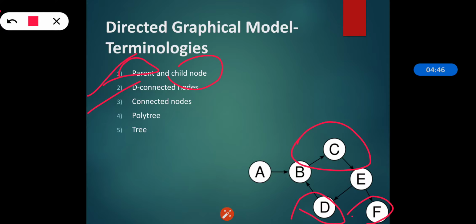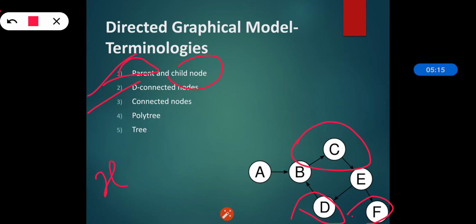It means whenever we have nodes that are connected to each other by a sequence, we can say that they are d-connected nodes. X and Y are d-connected if there is an unblocked path between them. When two nodes are connected to each other and share an unblocked path between them, we can say that they are d-connected nodes.